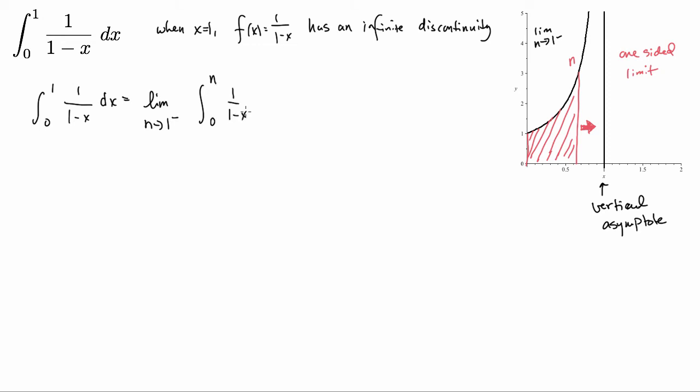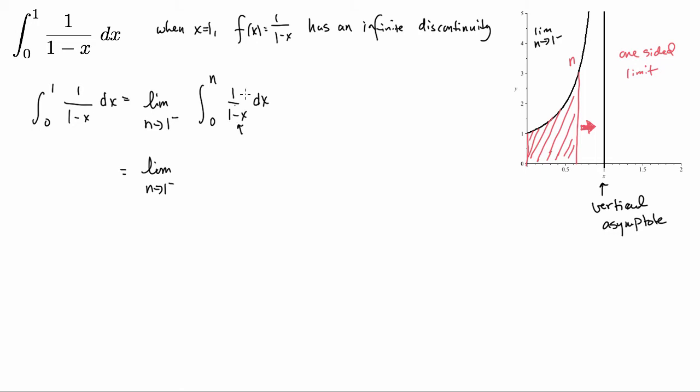And just like on the type 1 integrals, our first step should always be to do the integration. The integration step here is not too bad. We've got to watch out for a little bit of reversing the chain rule though, because this is a negative x. Chain rule would multiply by -1, so we're going to have to divide by -1.